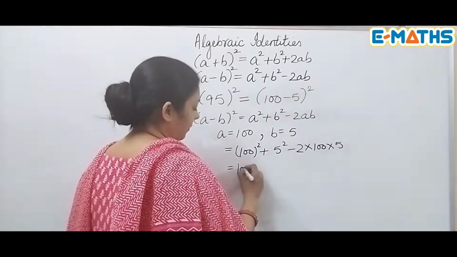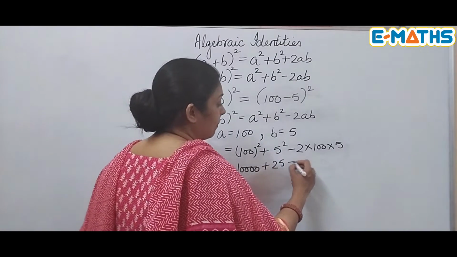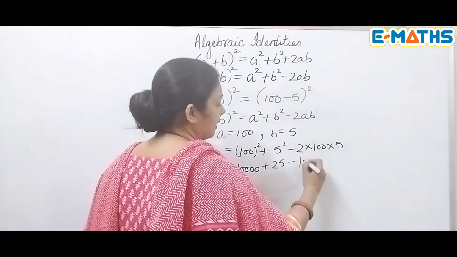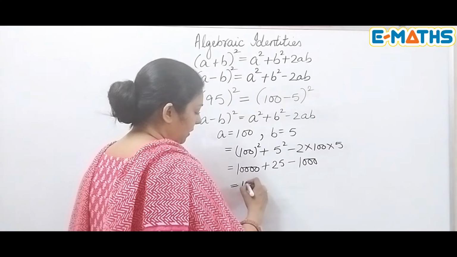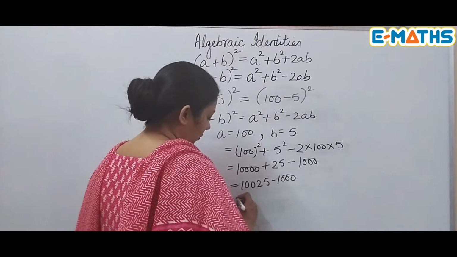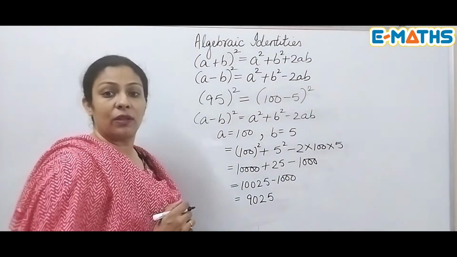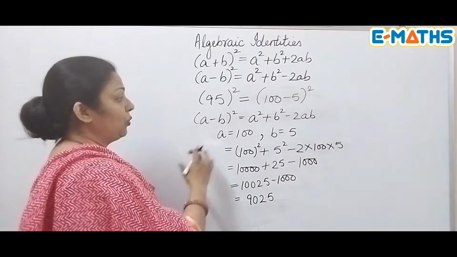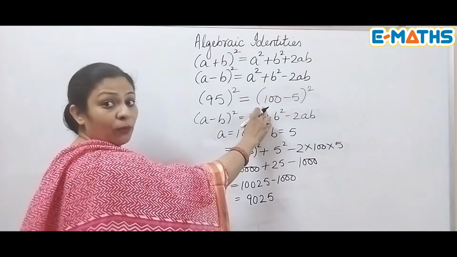So here we have 1 and 4 zeros, plus 25, minus 2 fives are 10 and 100s are 1000. When you solve it, you get 10025 minus 1000. So this will give you 9025. So I have explained how to use a number where you solve it by first writing it in the form of an identity.